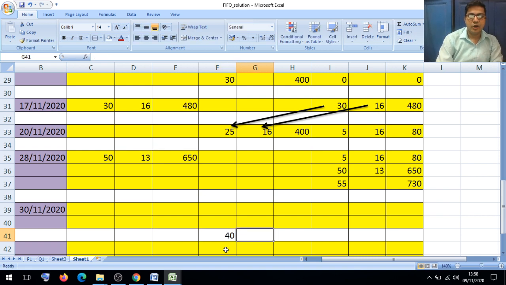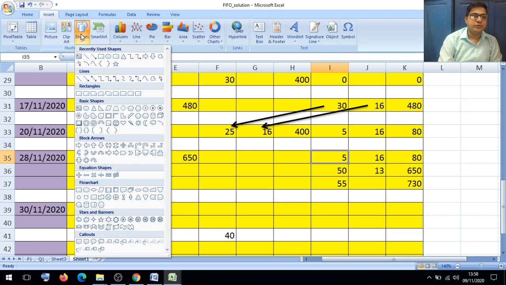Now how we will use? We have a 16 rupees rate 5 units and 13 rupees rate 50 units. I already informed that those who purchase first sold first. So first of all we have to sold 5 units first. So we will sold 5 units first.